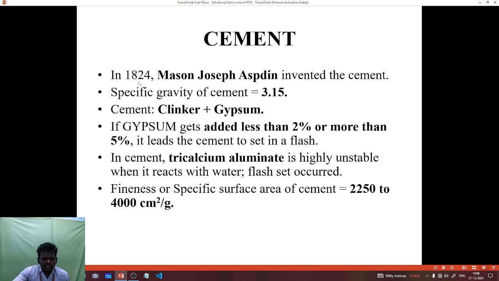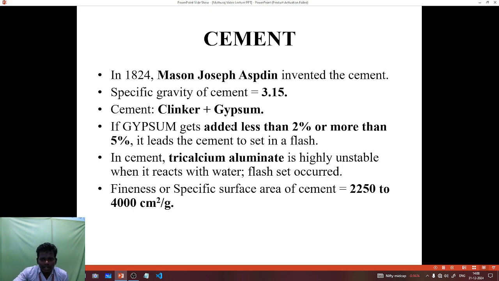Now we are going to see some descriptions of cement. In 1824, Mason Joseph Aspdin invented the cement. The specific gravity of cement is 3.15. Previously we saw clinker, which means the clay minerals and limestone added together without gypsum; cement is clinker plus gypsum.